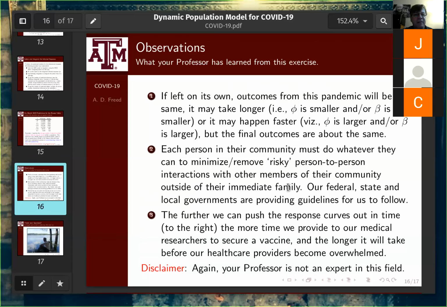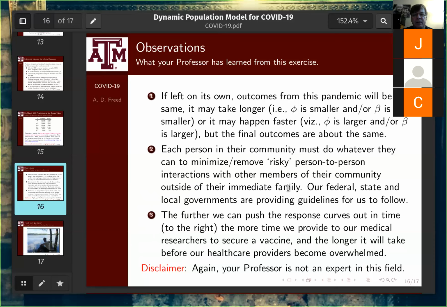Now, hopefully, like the flu bug, it disappears in summer. It has its own life cycle. And that's not part of any of this analysis either. This analysis assumes no life cycle. The virus doesn't have a life cycle in this model. The flu does. I mean, it goes away every year and then comes back.